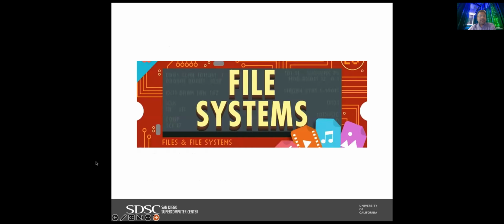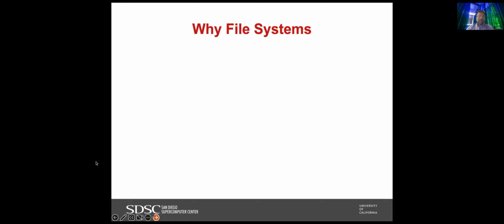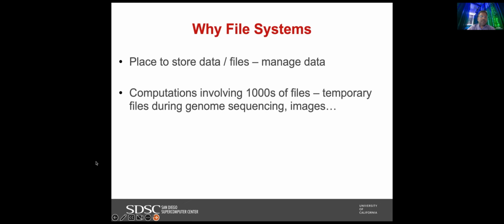So let me get started with the file systems aspect. So basically, why do we have them? Basically, you need a place to store data files on the system. You could have computations that have thousands of files, like that could be temporary.